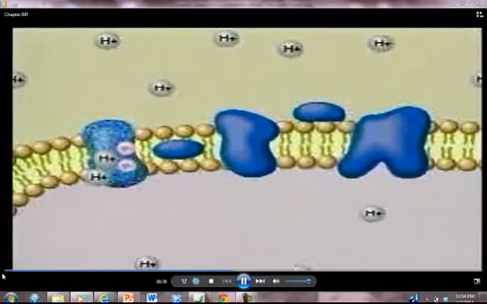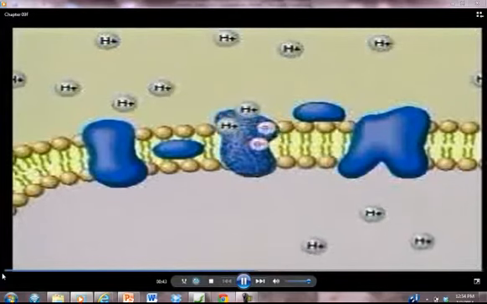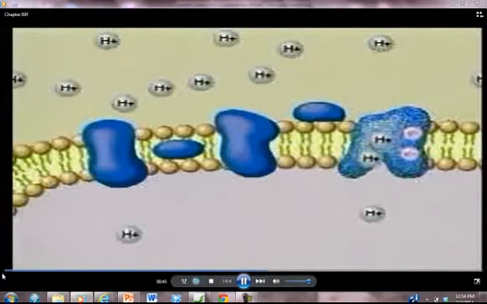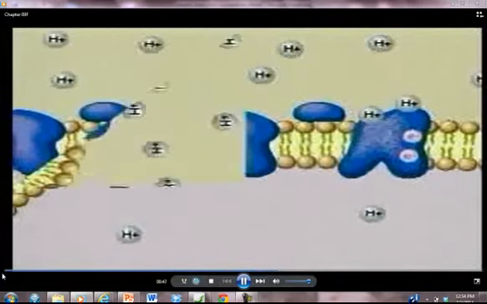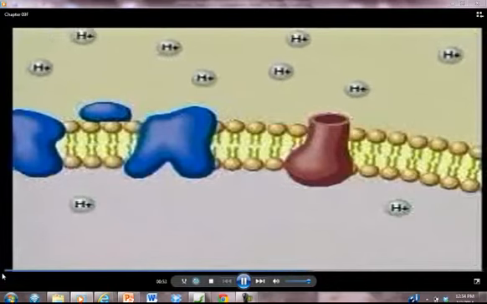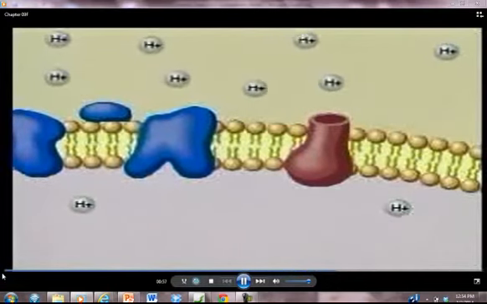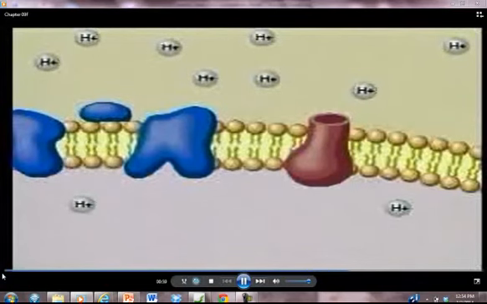Ion pumps are powered by energy from electrons. The ion pumps move hydrogen ions from the matrix into the outer compartment. Hydrogen ions concentrated in the outer compartment represent a form of potential energy, like water held behind a dam. They diffuse back into the mitochondrial matrix through a special protein called ATP synthase.